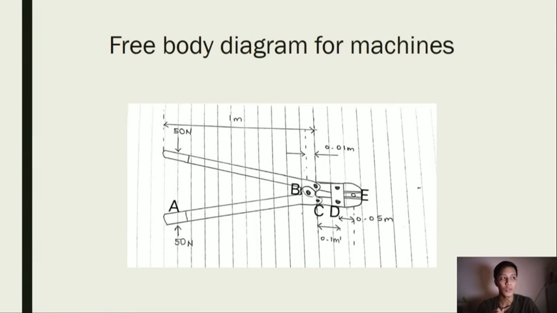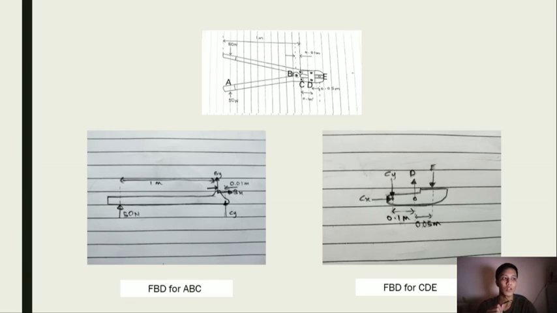So next, I will show you the free body diagram for the machines. As you can see, there are parts labeled A, B, C, D, and E. The external forces for this machine are at A, 50 Newton, and E. Next, I will show you the free body diagrams for the parts of this cutter.